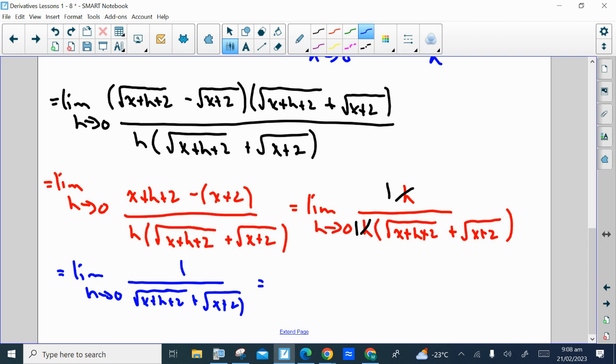And when we do let h equal 0, it'll just be 1 over the root of x plus 2 plus another root of x plus 2. So it's going to be 2 root x plus 2. So there's the derivative.